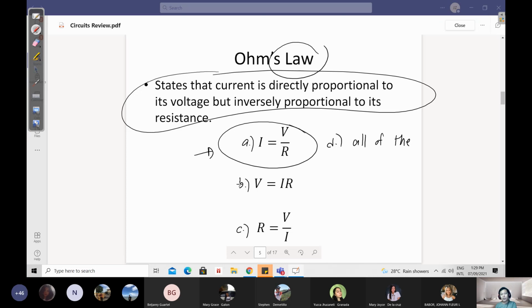Take note that letter B and letter C come from letter A. Without letter A, there would be no letter B or letter C. And letter A would not exist without the definition. So you have to always be aware of what you are looking for, or what you are reading.